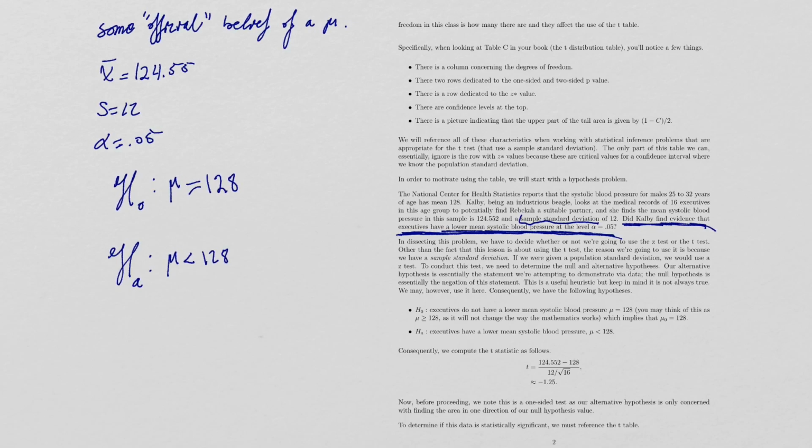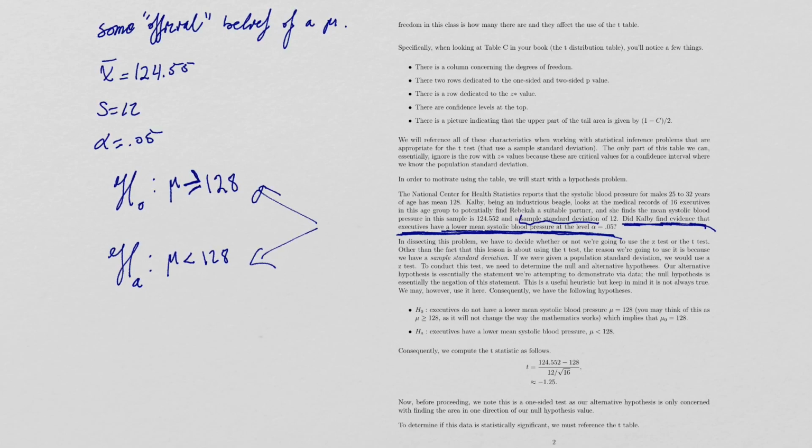So notice that we're not done here yet, okay? We've just kind of scaffolded some stuff. What our alternative hypothesis is going to do is inform how we construct the null hypothesis. So this mu equal to 128 is what we're going to end up using as our mu naught value, but what our null hypothesis is going to be is that mu is greater than or equal to 128.